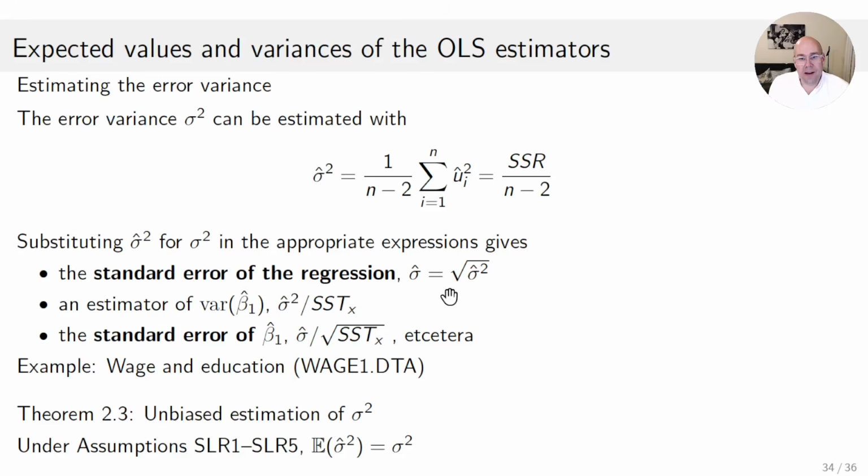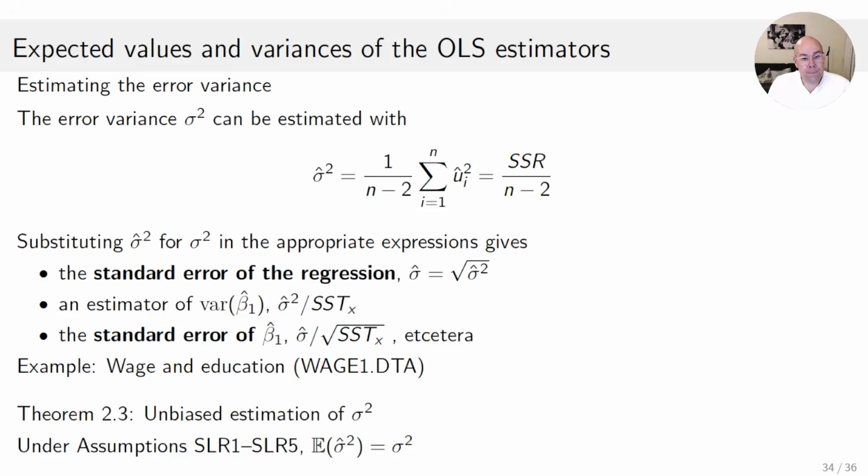So that's the square root of sigma square hat, and an estimate of the variance of beta 1 hat, and from this we get the standard error, which is just the square root, etc. And we can use this to do testing, right? As an example, you can use the data set and you get these quantities when you run a regression, and you can calculate them, and they tell you something about the precision of your estimates.